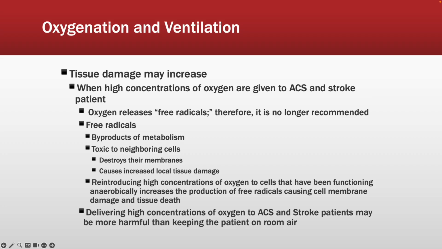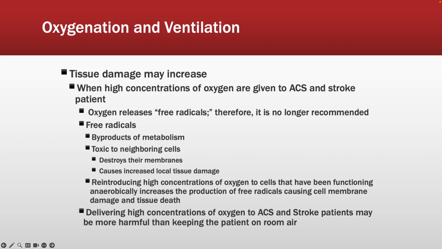Reintroducing high concentrations of oxygen to cells that have been functioning anaerobically is a problem. Aerobic metabolism is with oxygen. Anaerobic metabolism is when the cell switches from metabolizing with oxygen to without, and starts using different components for cellular energy, right?